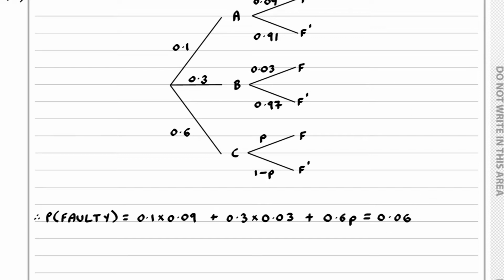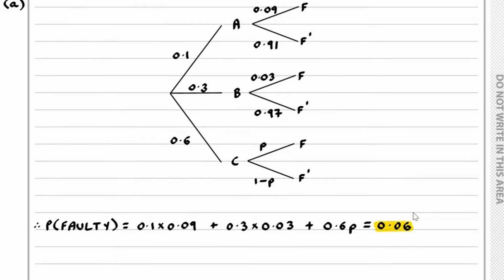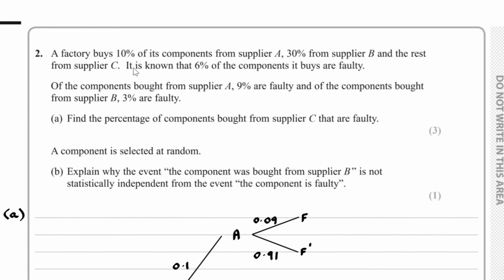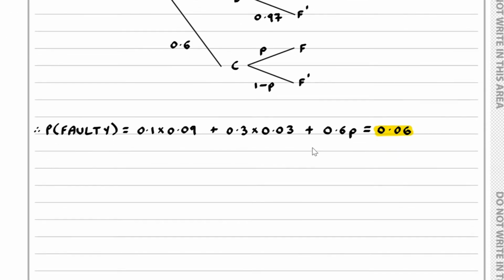We know from the question that 6% of the components are faulty. So what we need to do is find out what P is.